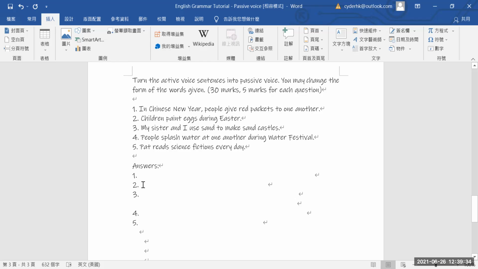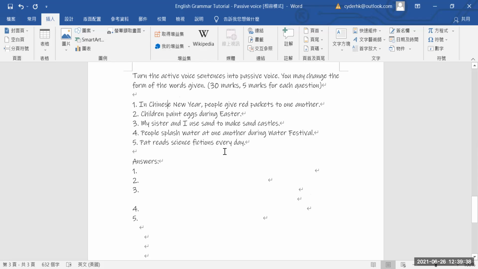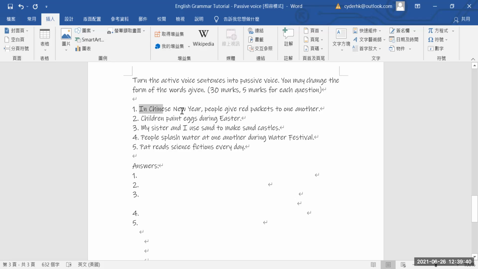Even though I said we put the object first, I didn't say that the word chunks, the rest of the sentence, need to be put in the first, middle, or last part. This is not a crucial part of the sentence, so we can go on at the comma. Remember, at the comma, people give red packets to one another. This is the part that we need to deal with.